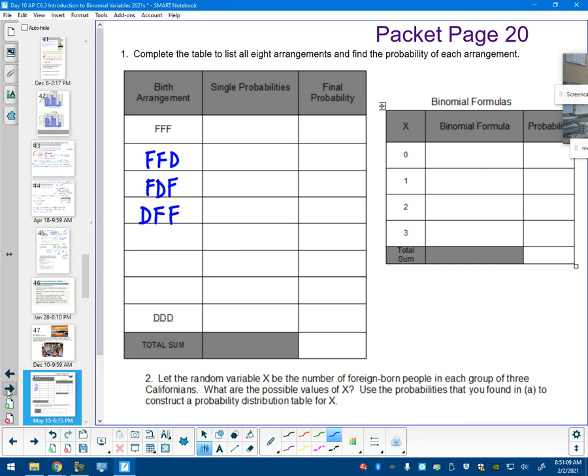What are the other things that could happen? Domestic, foreign-born, foreign-born. Foreign-born, domestic, domestic. Domestic, foreign-born, domestic. Or domestic, domestic, foreign-born. Or all 3 domestic. Those are all the possible things that can happen if you're asking, were you born in the United States or were you born somewhere else?